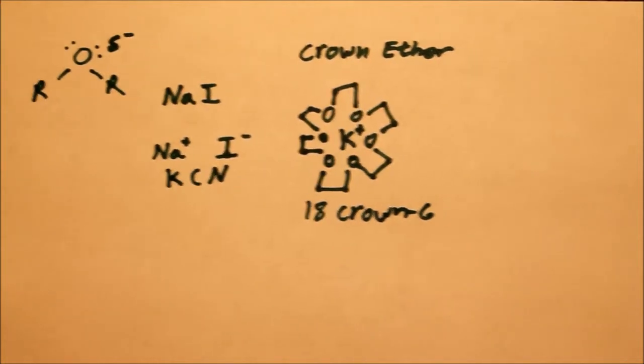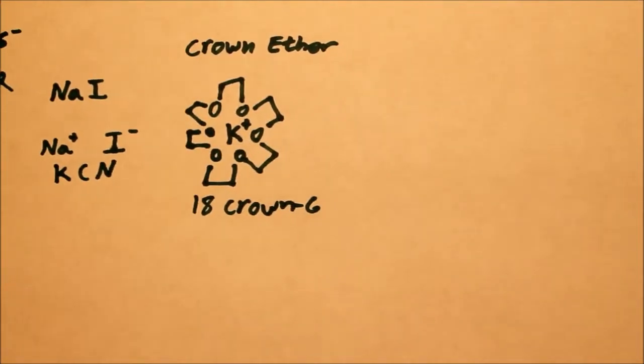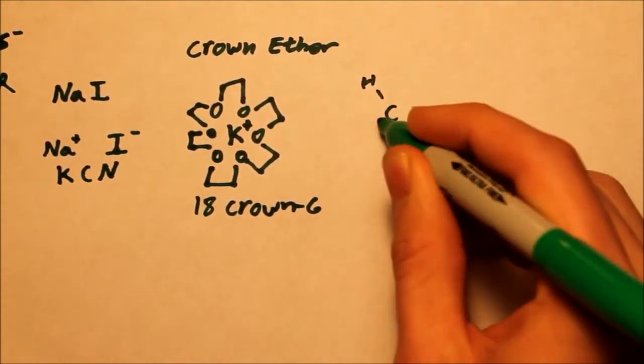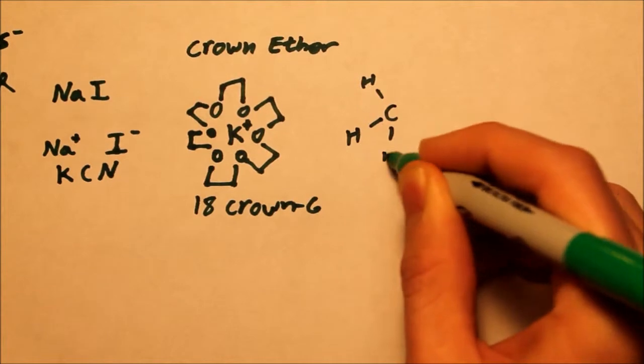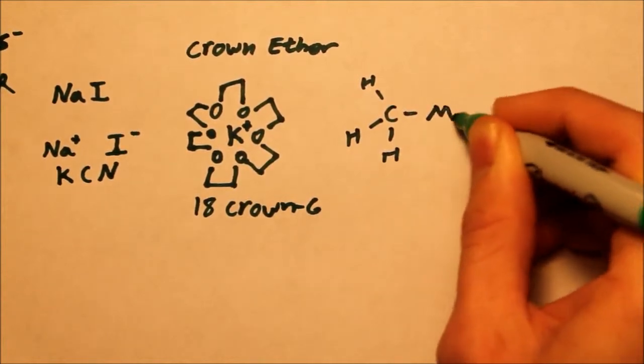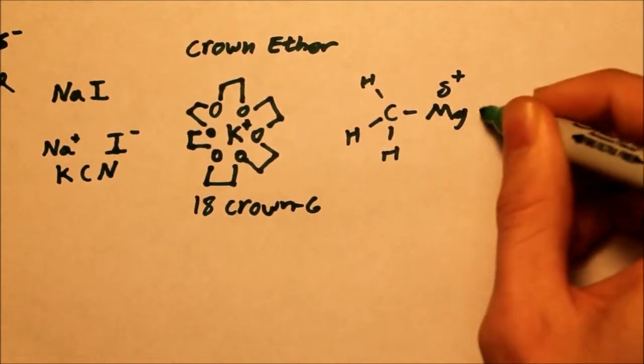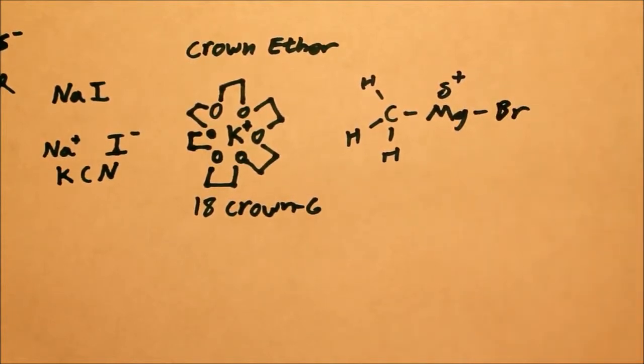So another example we see this in is Grignard reagents. So we'll just draw our basic structure of a Grignard reagent, where we've got our magnesium, which is a Lewis acid, bromine.